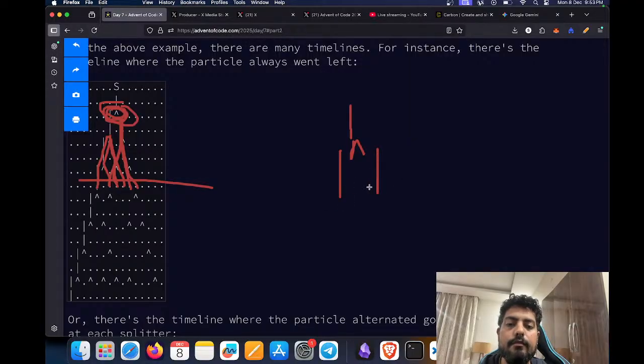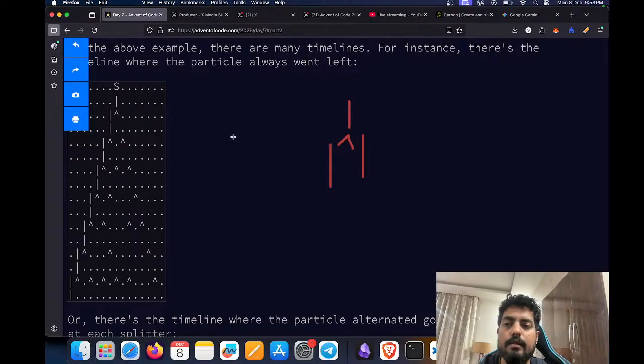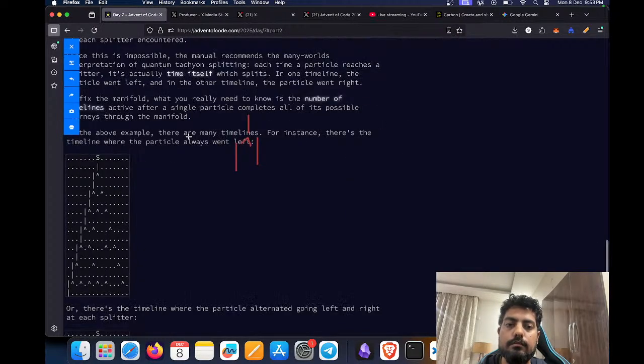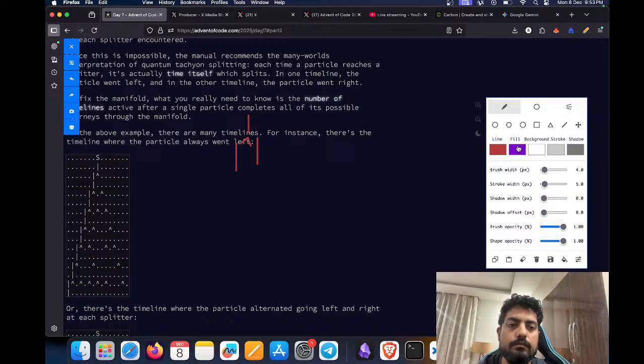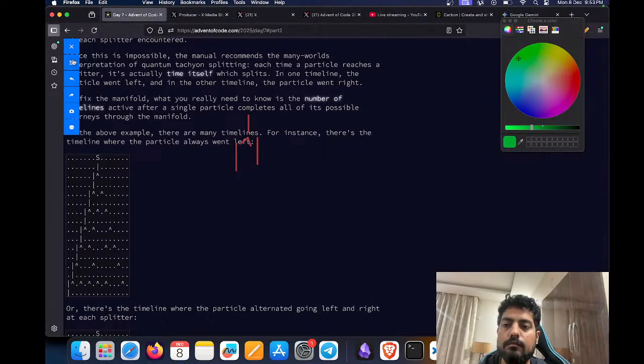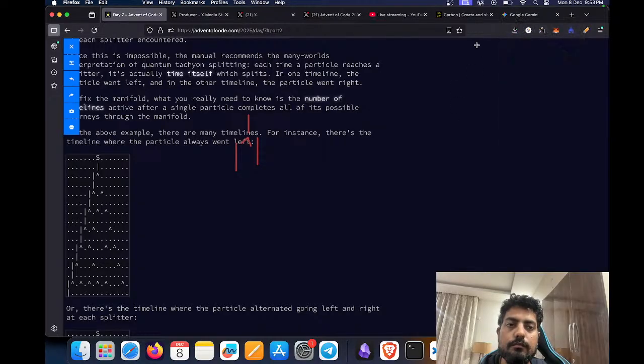If we have these two rays, then we can just mark it as 1 and 1, and this is the position. I'll change the color here. We have a splitter and two rays, and this was the ray that came from the source. Now this is 1, this is 1.